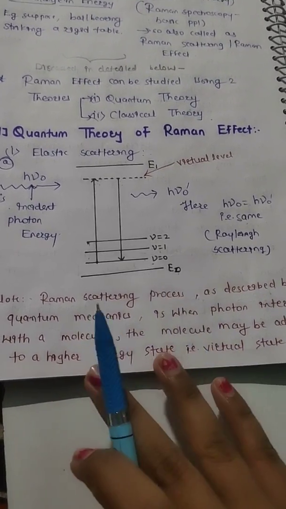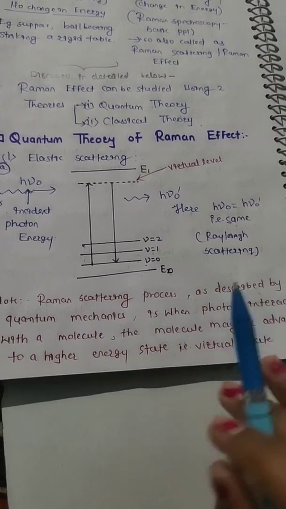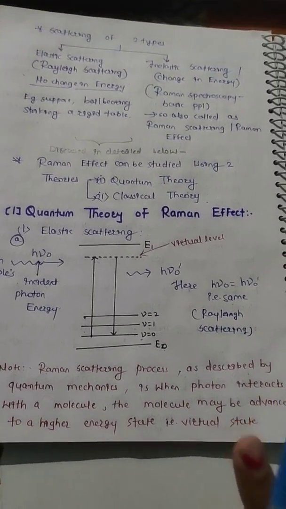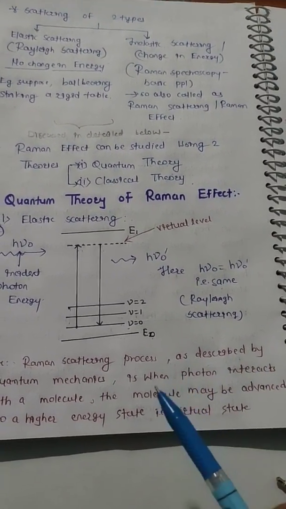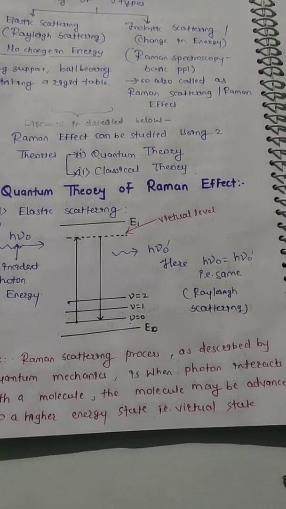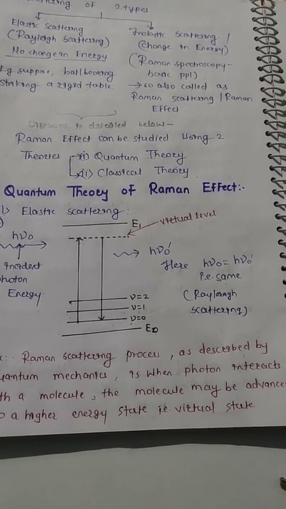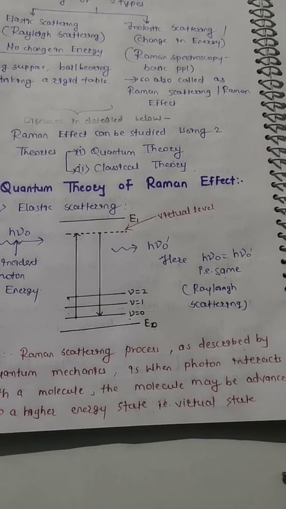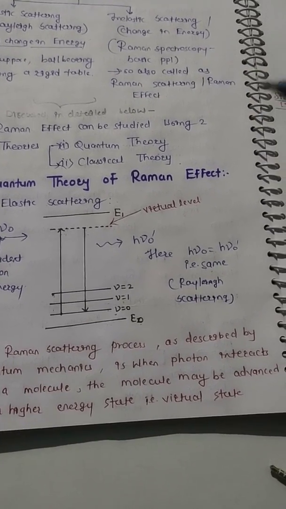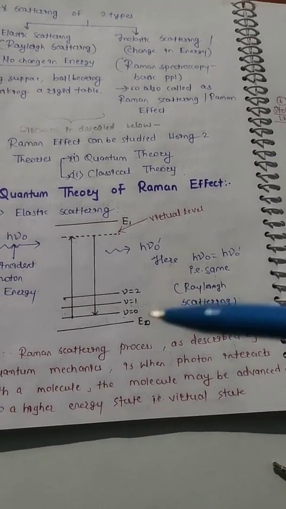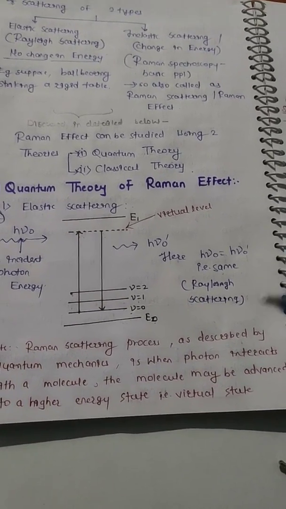As usually from quantum mechanics, when a photon interacts with the molecule, the molecule may be advanced to a higher energy state, which is called the virtual state or imaginary state. It is a short-lived state. From that short-lived state the molecule again comes back below, either to the ground state or to the first excited state.